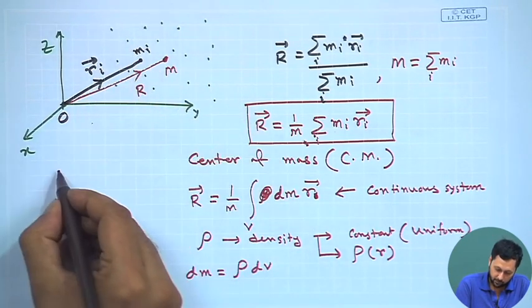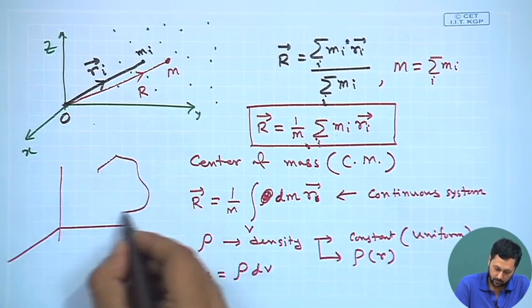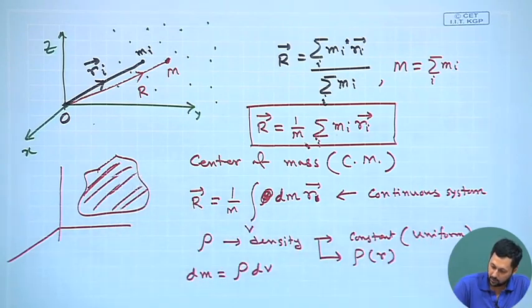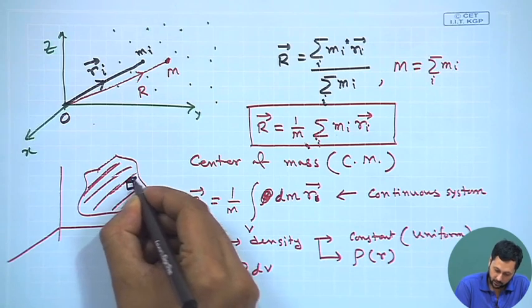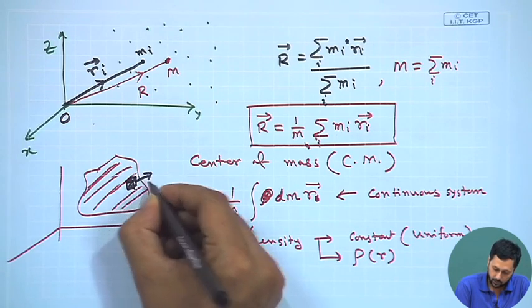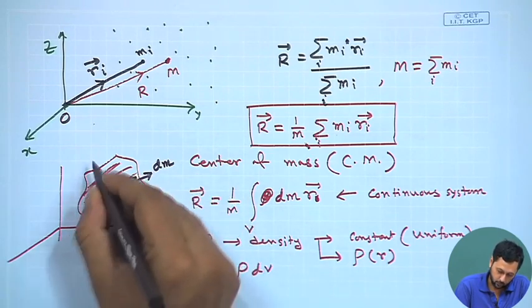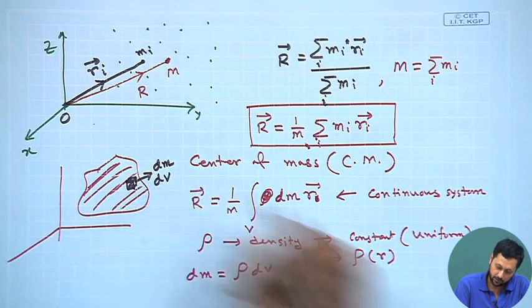Instead of a system of particles, we have a system of continuous masses, where a small point mass has a mass of dm, a density of rho which is uniform across this system, and a volume of dV.